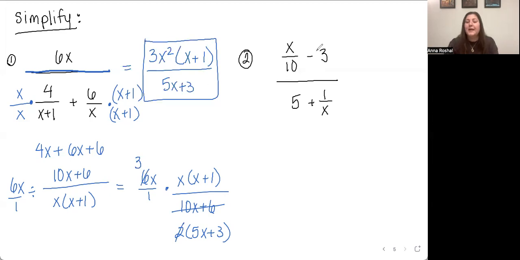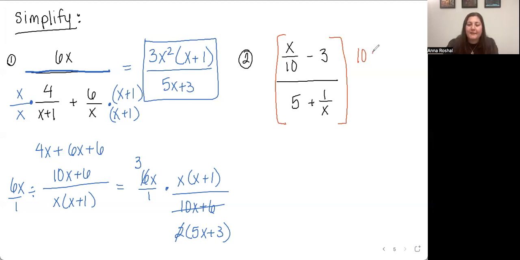Okay. In this piece right here, in this problem 2, what I'm going to do is multiply my entire fraction, and you could do parentheses or brackets or whatever, it doesn't really matter, by whatever is in my denominator. So here, instead of looking at the numerator separately from the denominator, I'm going to look at it as a whole.